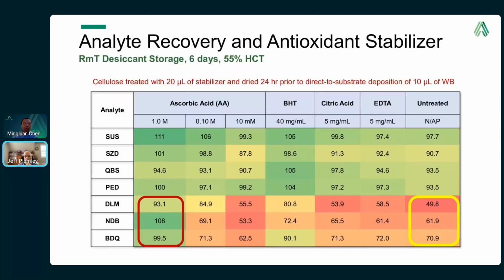So with this collective data, then, we examined a range of potential antioxidants to stabilize these 3 reactive analytes. And in addition to the standard phenolic antioxidant butylated hydroxytoluene, BHT, we also looked at chelating agents, because we know that when we see increasing hematocrit results like that, it fits with the known role of iron ions as oxidizers.